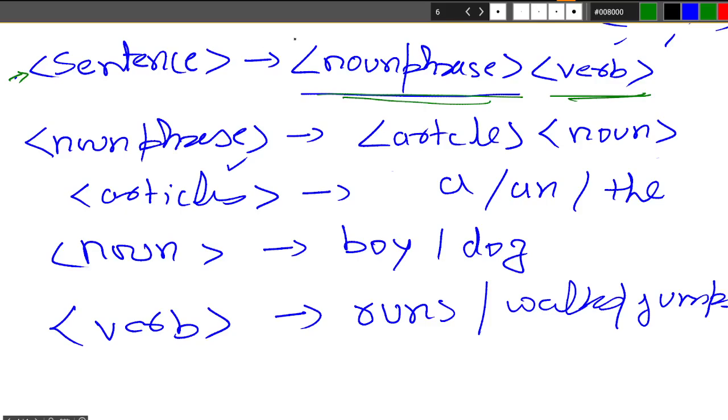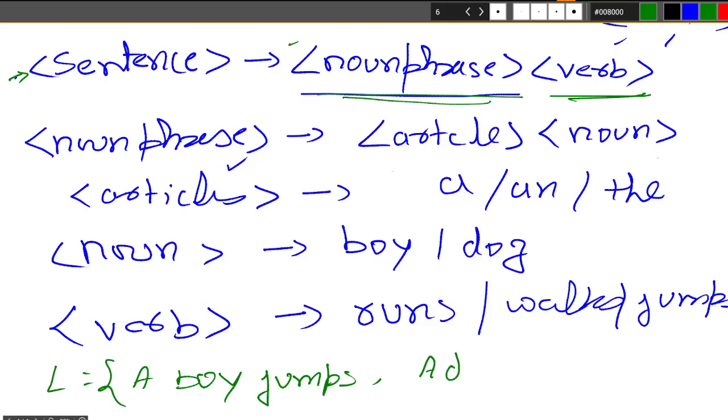If this is your language, then in this particular language several different strings are possible. You can have a boy jumps. Okay, you can also have a dog walks.